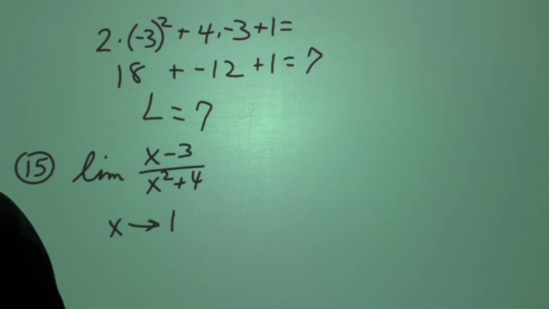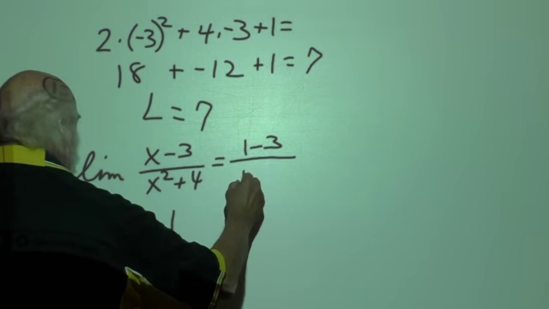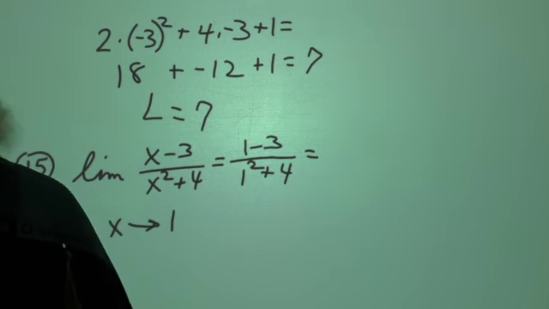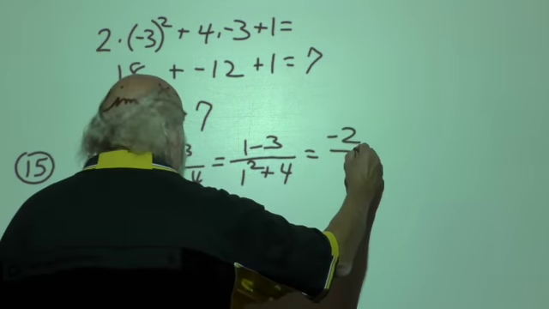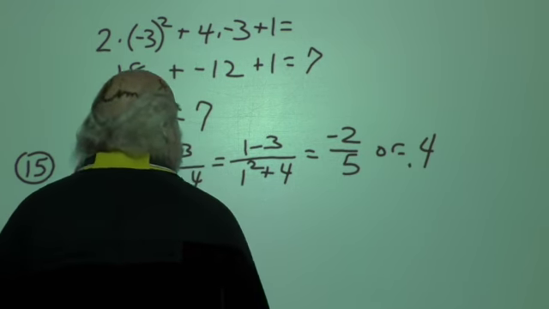And as you suspect, this is, again, still just plug and play. 1 minus 3 over 1 squared plus 4 gives you negative 2 over 5, or negative 0.4.